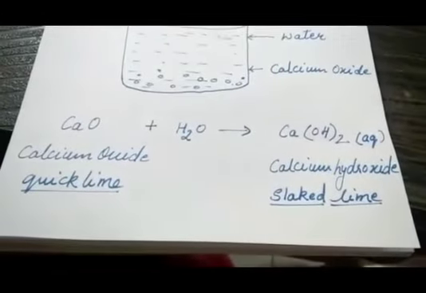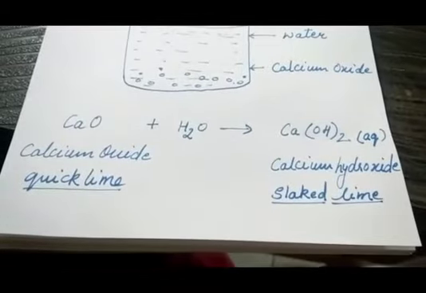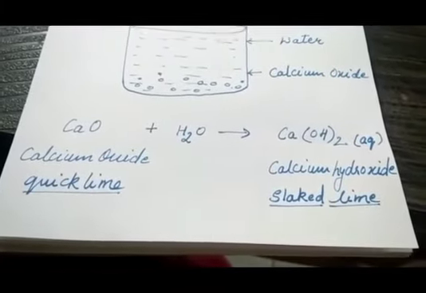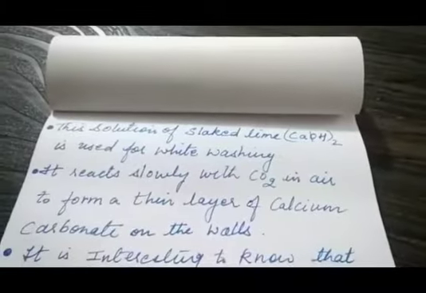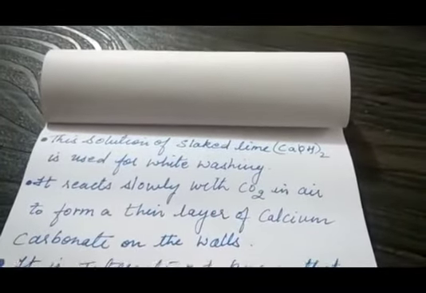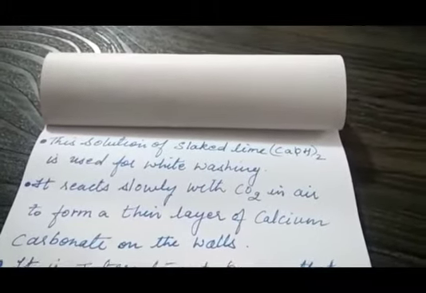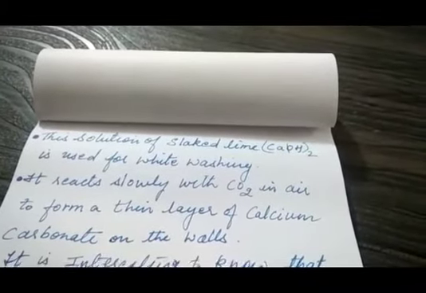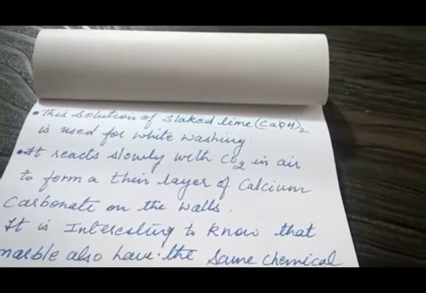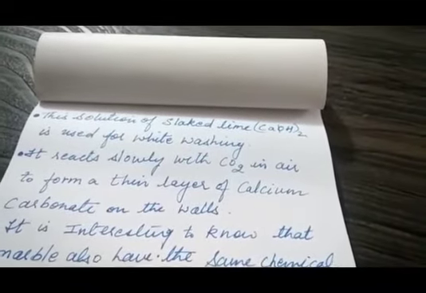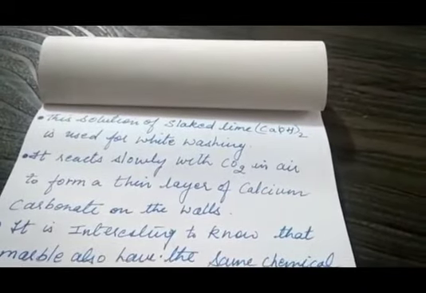Here, calcium oxide is commonly known as quicklime, while calcium hydroxide is commonly known as slaked lime. The solution of slaked lime is used for whitewashing. It reacts slowly with carbon dioxide in air to form a thin layer of calcium carbonate, CaCO3, on the walls, which gives a shiny appearance to the walls.